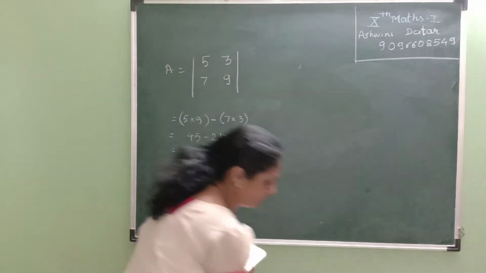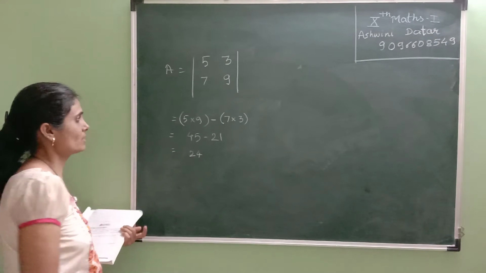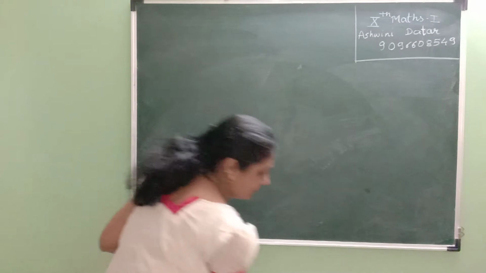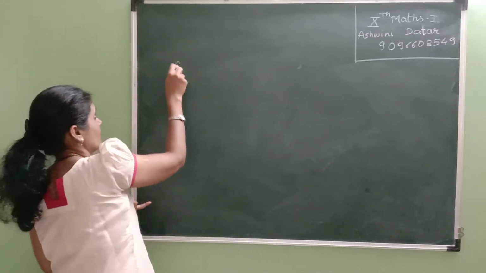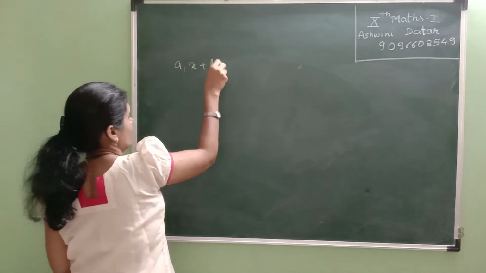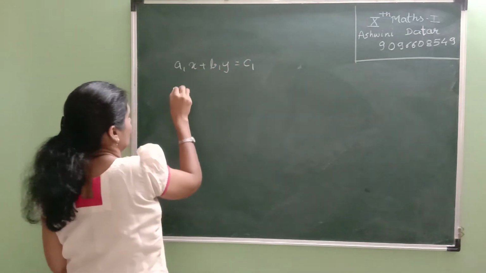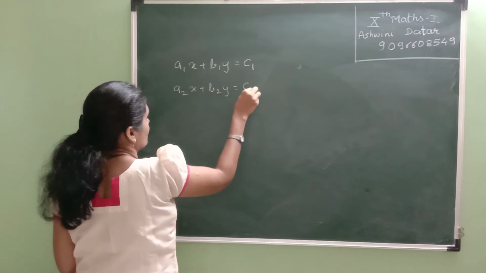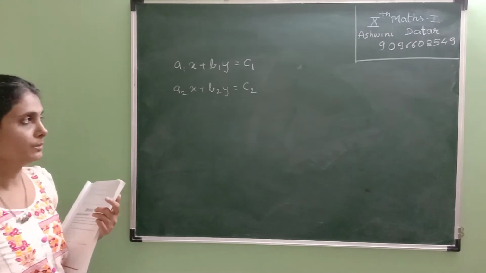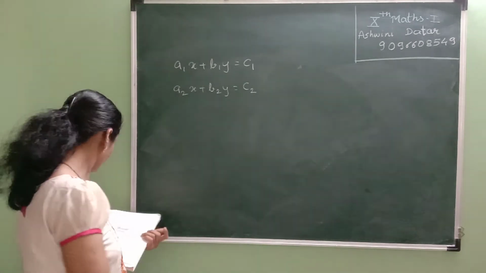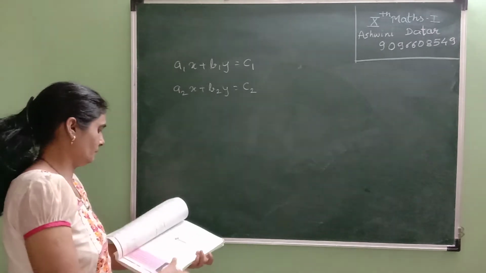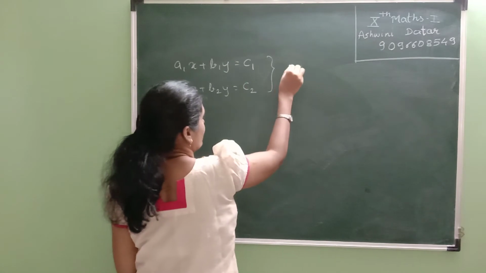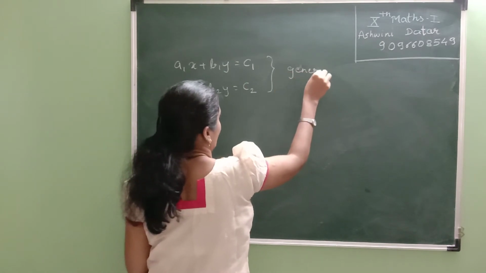Now let us come to the solving of linear equations. For that, let me consider two equations: a1x plus b1y is equal to c1, and a2x plus b2y is equal to c2. The first point that you should remember is that these are in their general form.